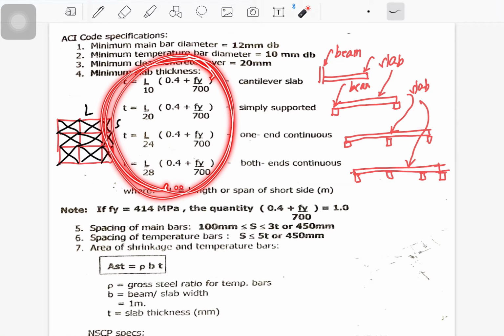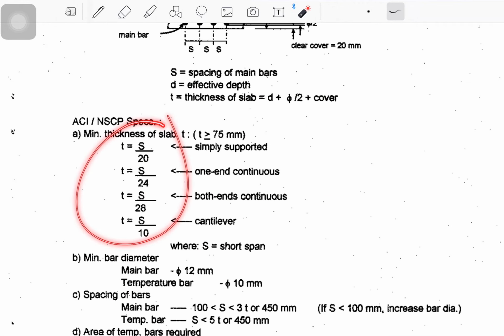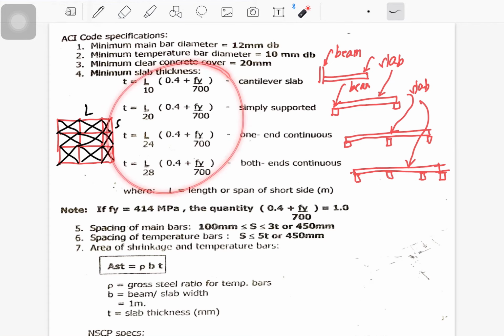It depends on how you design or how you interpret the design problems. If you use this, you can compute the thickness of the slab. The difference between this calculation and this one is more likely 20 mm.